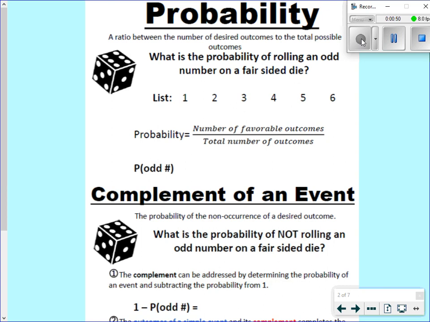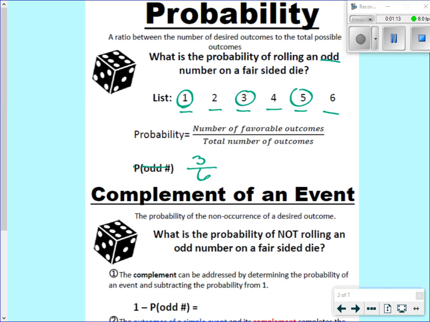So we're looking for odd, the probability of an odd number. There are 1, 2, 3 odd numbers, and the total number of outcomes are 1, 2, 3, 4, 5, 6 on a die. So 3 over 6.